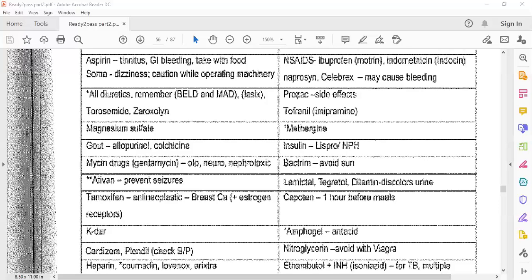I said that sometimes the NCLEX board asks the side effects of this group of medication. I want to recap it.